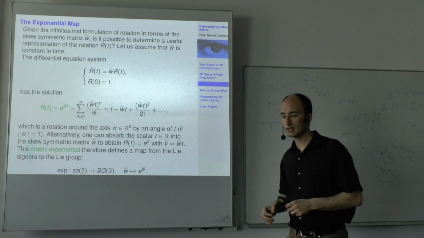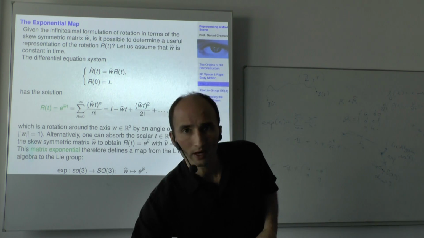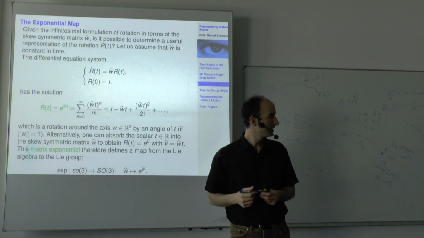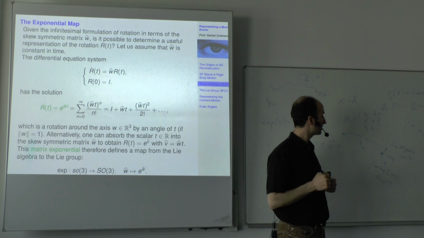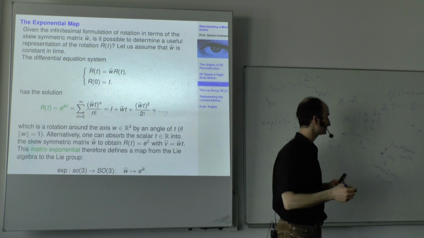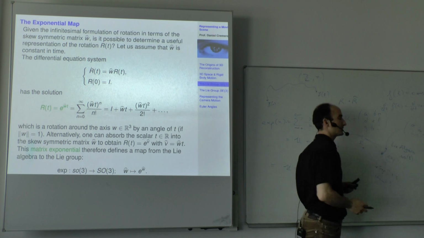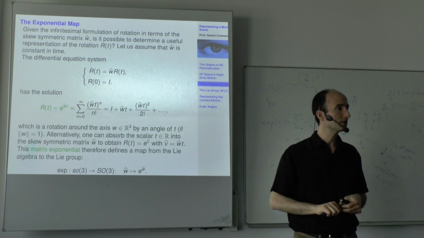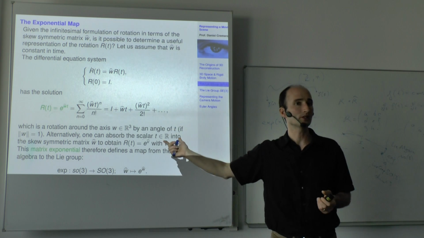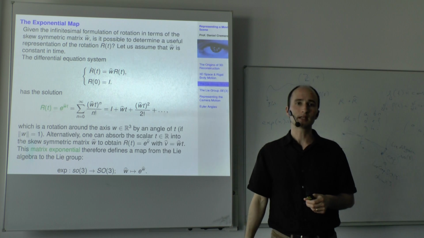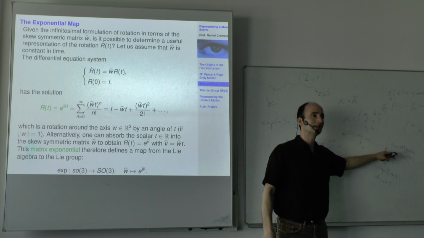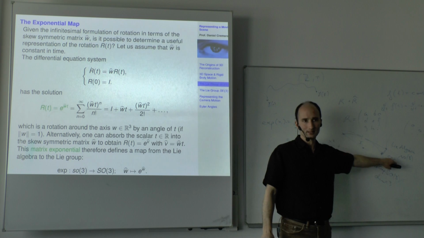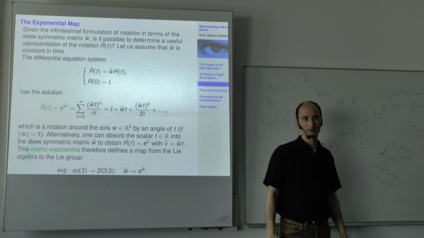And this is why the transformation from the Lie algebra to the Lie group is called the exponential map. It's called the exponential map because for rotation matrices it is an exponential map. Interestingly, for other Lie groups and Lie algebras, this is still called the exponential map.